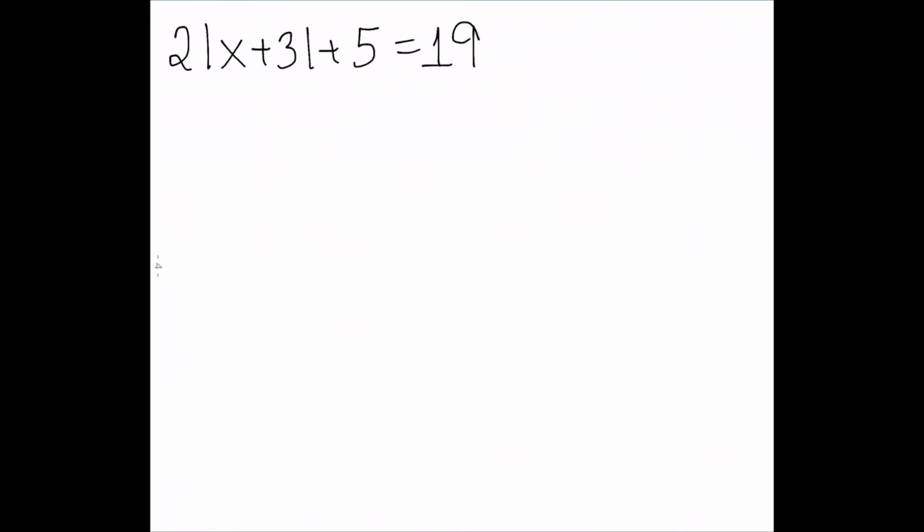This one is slightly different. 2 times the absolute value of x plus 3, plus 5, equal to 19. In order to use our rule for absolute values, our first step is going to be to isolate the absolute value. So I'm going to start by subtracting 5 from both sides. Get 2 times the absolute value of x plus 3 is equal to 14.